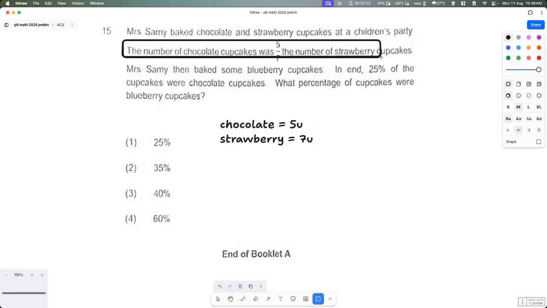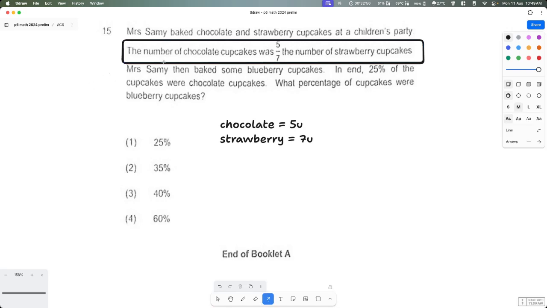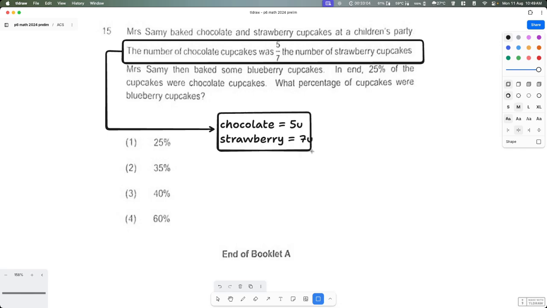Okay, so this is what this means. Let me just use an arrow so it's easier to see. So always remember what certain things mean in certain ways. I'm going to draw another rectangle over here. Strawberry cupcakes equal to, in this case.